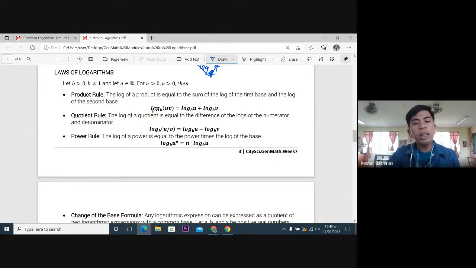Pag product rule, class, dito na kayo tumingin sa naka-bold sa gitna. If we have logarithm of uv, or u times v, with the base b, that would be equal to the logarithm of u with the base b plus logarithm of v with the base b. So let's have examples.